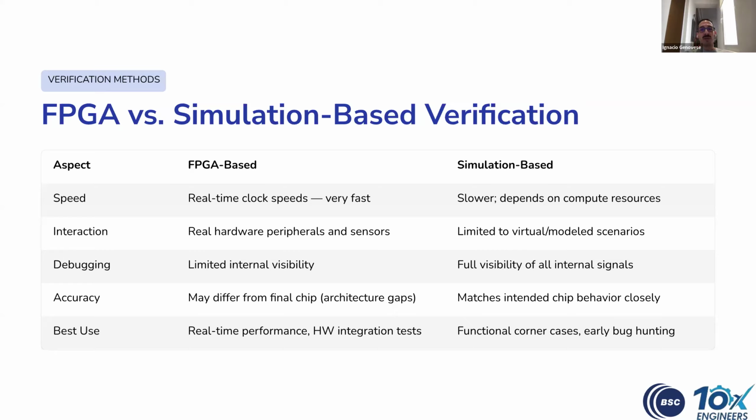Meanwhile, in simulation, we have visibility of all the internal signals of the design. The accuracy in FPGA might differ from the actual chip, while in simulation, the simulation matches the intended chip behavior closely. So FPGA is better for real-time performance and hardware integration tests, and simulation is better for functional corner cases and early bug detection.